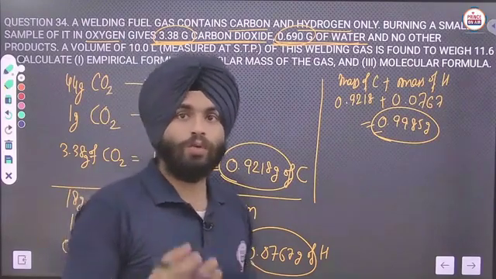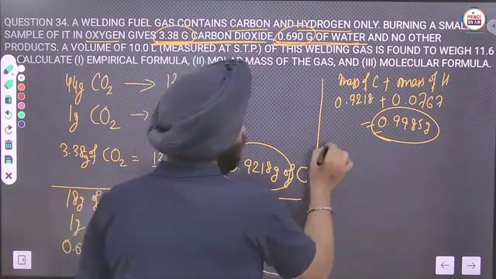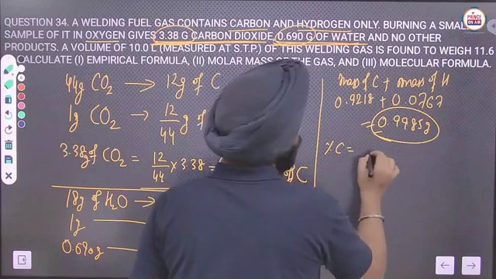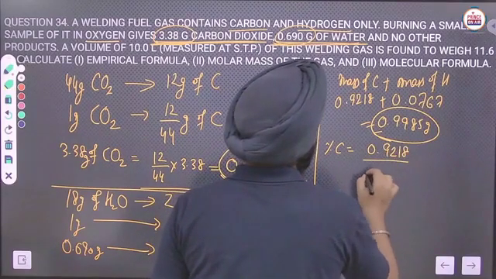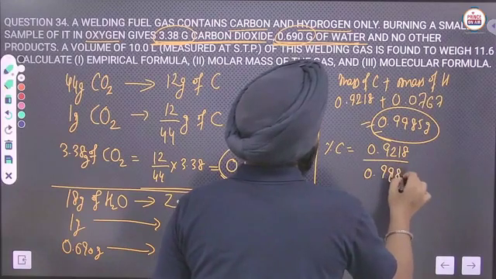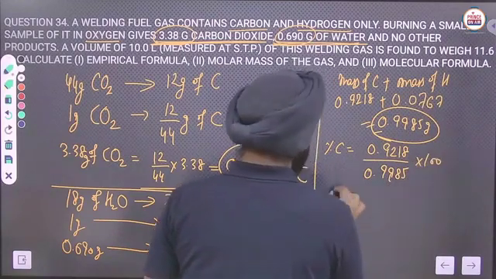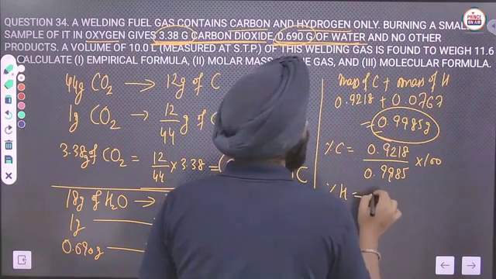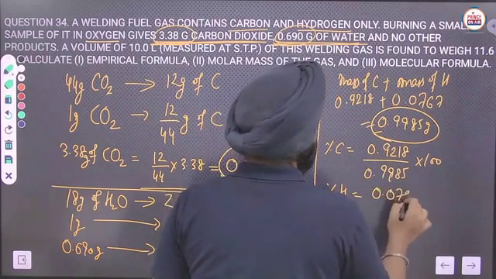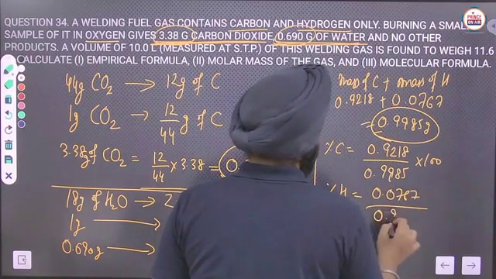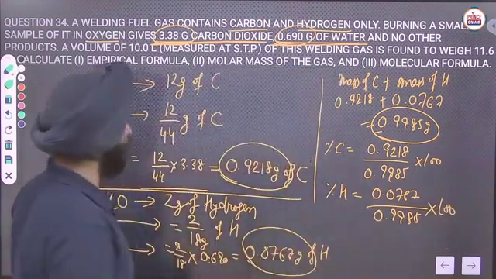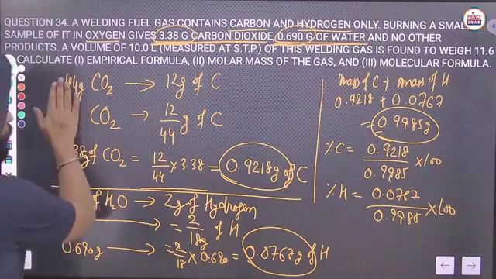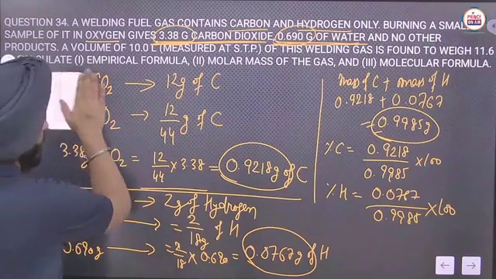Now you have to calculate their percentage abundance. So the percentage of carbon will come out to be 0.9218 upon 0.9985 into 100. Similarly, the percentage of hydrogen is 0.0767 upon 0.9985 into 100. So try to do that calculation to find the percentage of carbon and hydrogen.